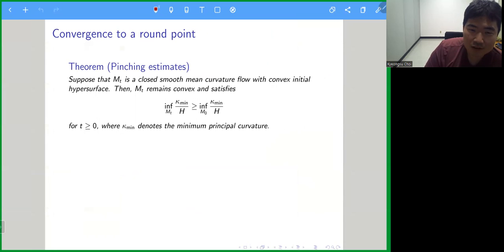And actually, you can show a stronger statement by using the maximum principle: if the initial data is closed and convex, then the minimum principal curvature kappa satisfies this property. I mean, the ratio of kappa minimum and H preserves its lower bound, and initially it was positive.